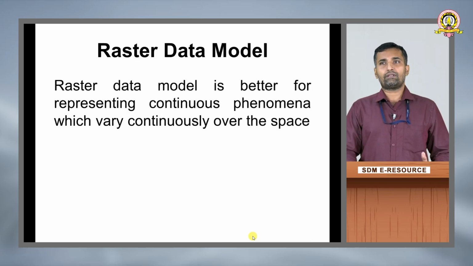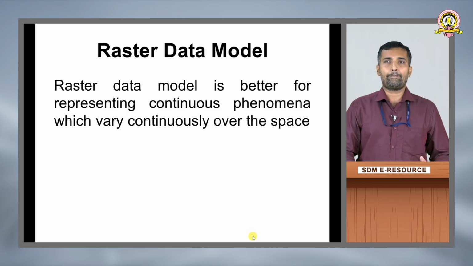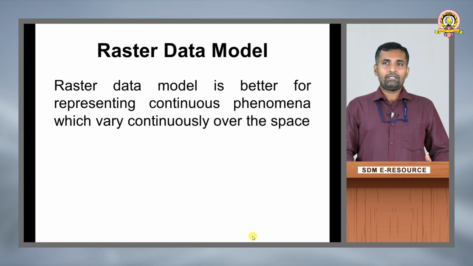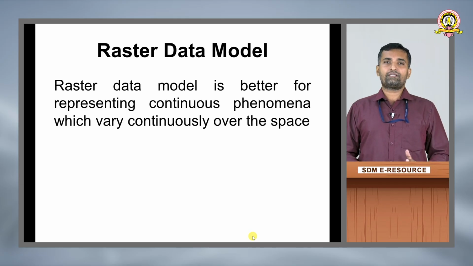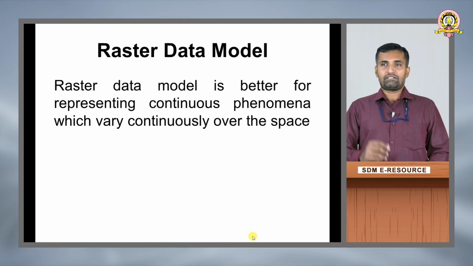What is the raster data model? The raster data model is better for representing continuous phenomena which vary continuously over the space. That means these data are continuous. For example, temperature variation in a place and elevation difference are all raster because there is continuous variation. Continuous variation can be better represented using the raster data model.